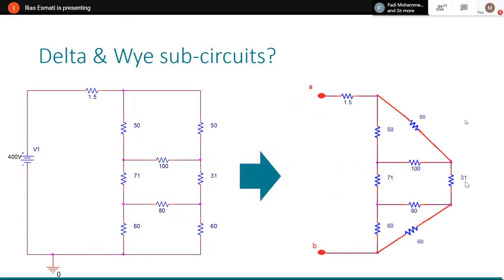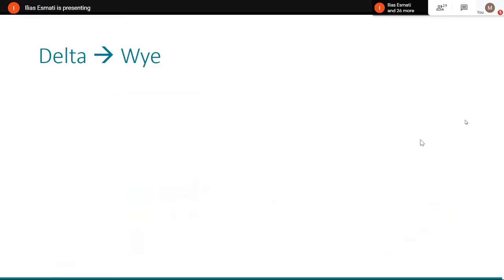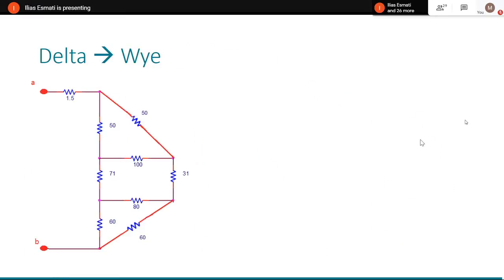But this goes to a bit of transformation. So you need to sharpen your eyes, how to see a delta. I can see a delta here. And go from delta to Y, or sometimes you go from Y to delta transformation. Depends on the circuit.